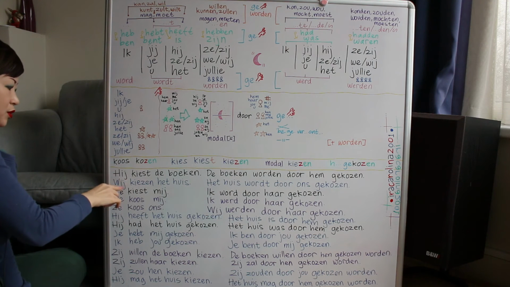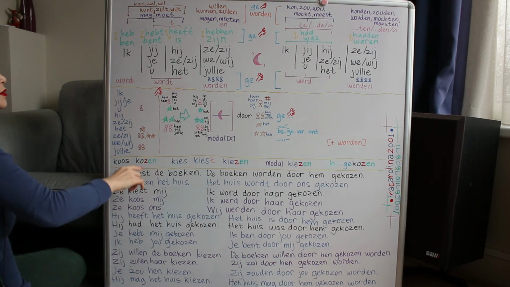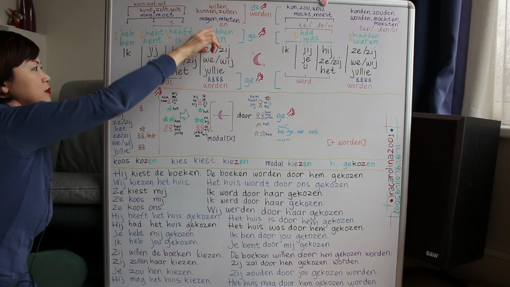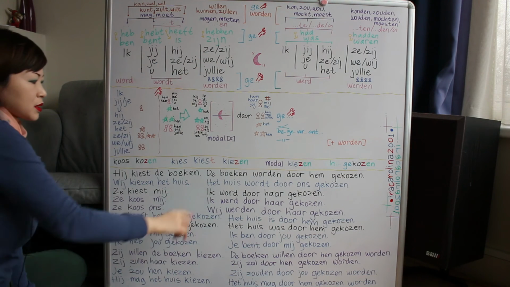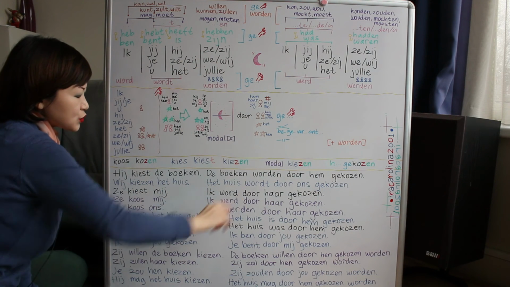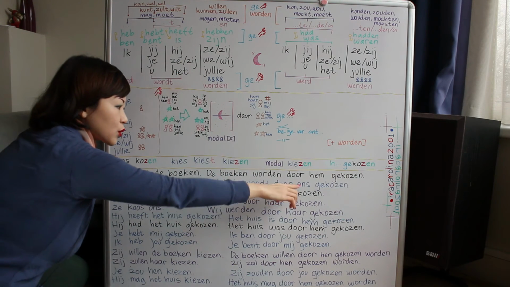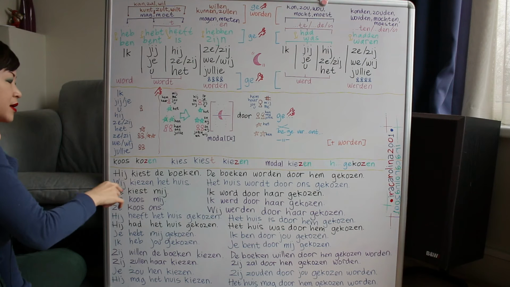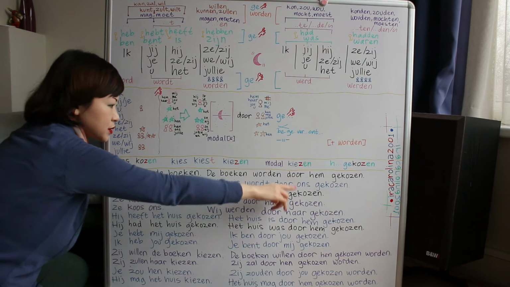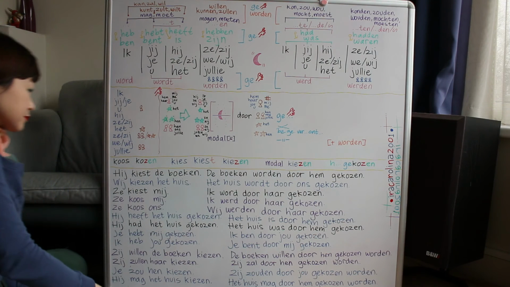No matter here it was wij, we use the kiezen, of course. But passive, het huis wordt door ons. From wij, it becomes ons. Gekozen.